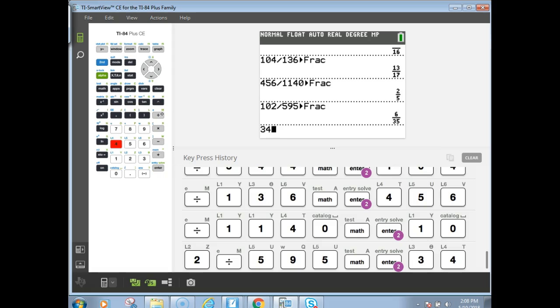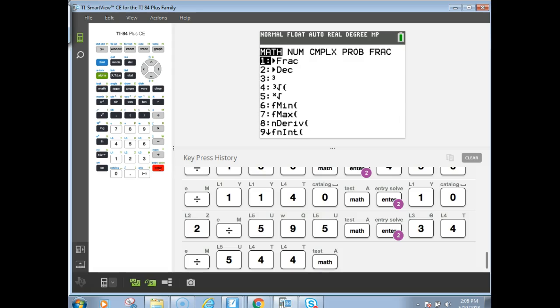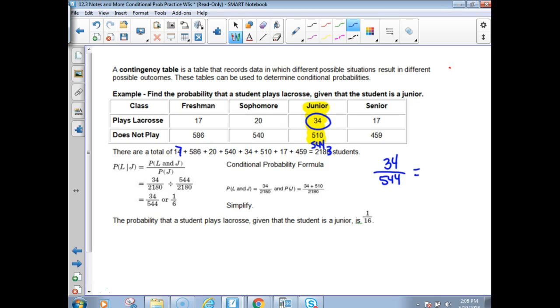Take 34 divided by 544, then hit your math, enter, enter, and it'll reduce the fraction to 1/16. It is the same answer that they got down here, but it took them a lot longer to get to it than it did for us. So I'm thinking this is the way to go.